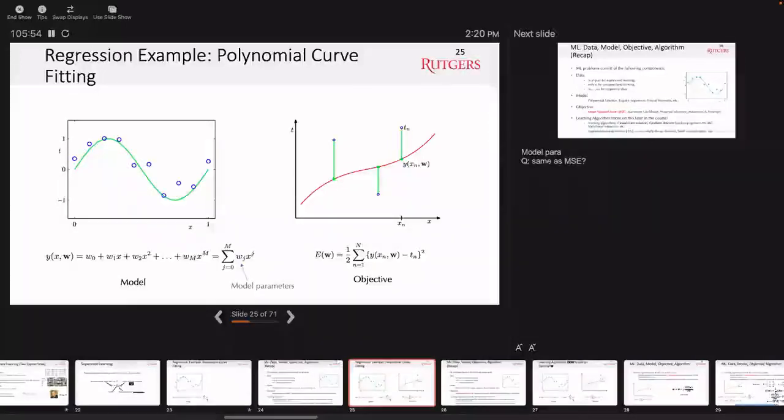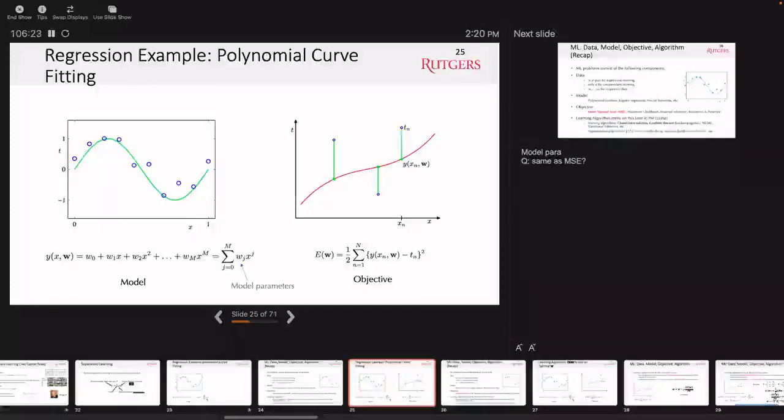Okay, so the answer is it's actually equivalent in this case, because for us, we want to learn the optimal w, right, that can minimize this error. And whether you have 1/n here or you have 1/2 here, it doesn't really affect your answer, right? Because 1/n or 1/2, this is just a constant term.